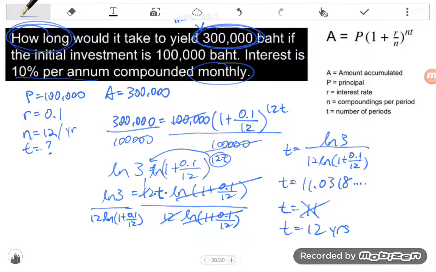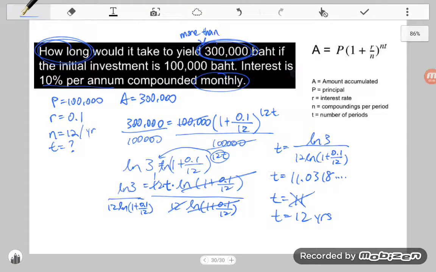Well, even though we have solved the problem, we need to use a little bit of common sense to actually get the right answer. You might have solved for the T, but if you had written 11, we are not there yet, because technically it will take us 11.03 something. So if you have 11, you're not quite there yet. You would not have this amount.